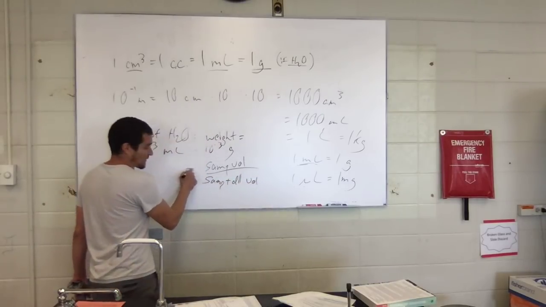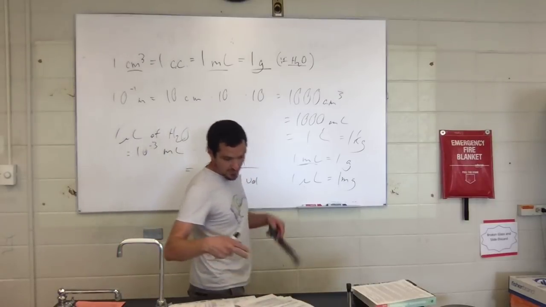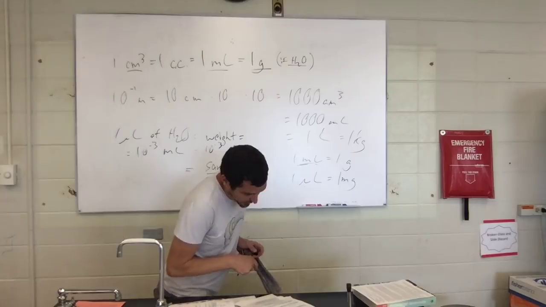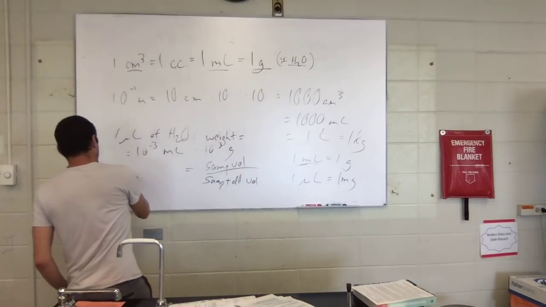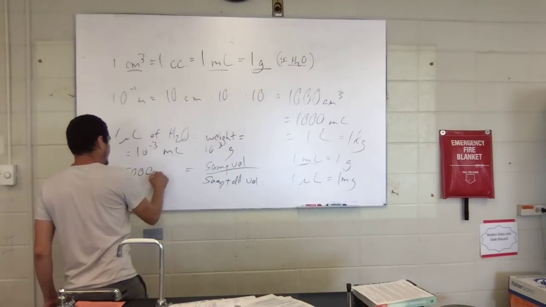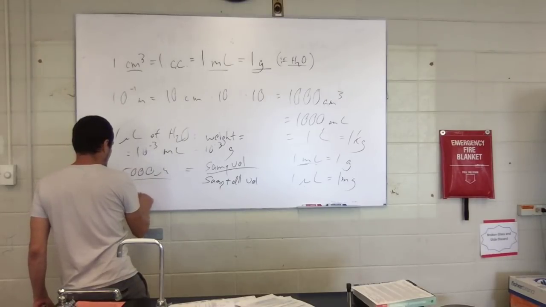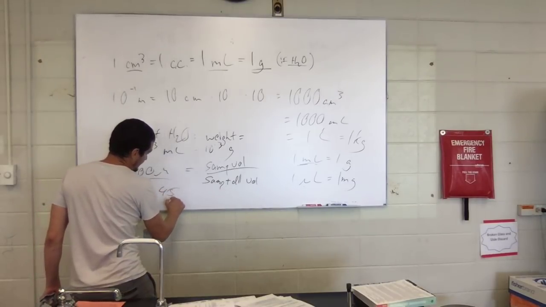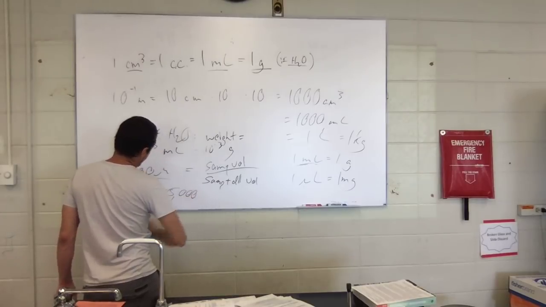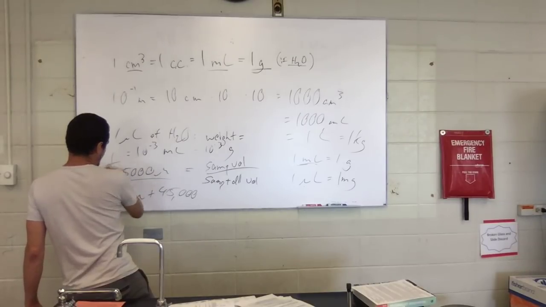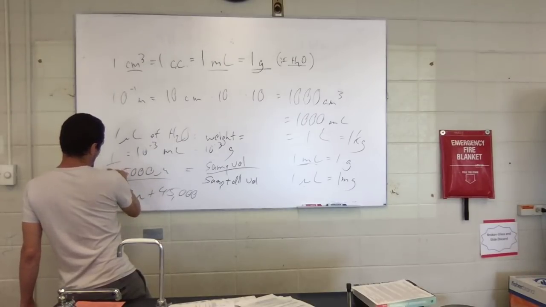We have to make sure we're in the same units. So in this case we would have 5,000 microliters over 5,000 microliters plus 45,000 microliters. So that would be 5 over 50,000, or 1 over 1,000.